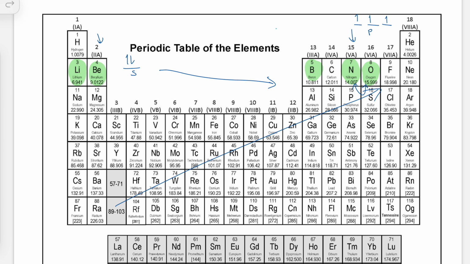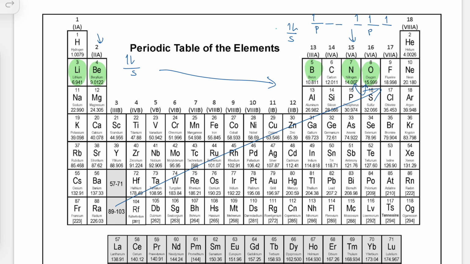And it's the same thing with beryllium and boron. Beryllium has this completely filled S subshell, while boron has a filled S and just 1 electron in the P subshell, so it's easier for it to lose that electron and have just that stable S subshell.